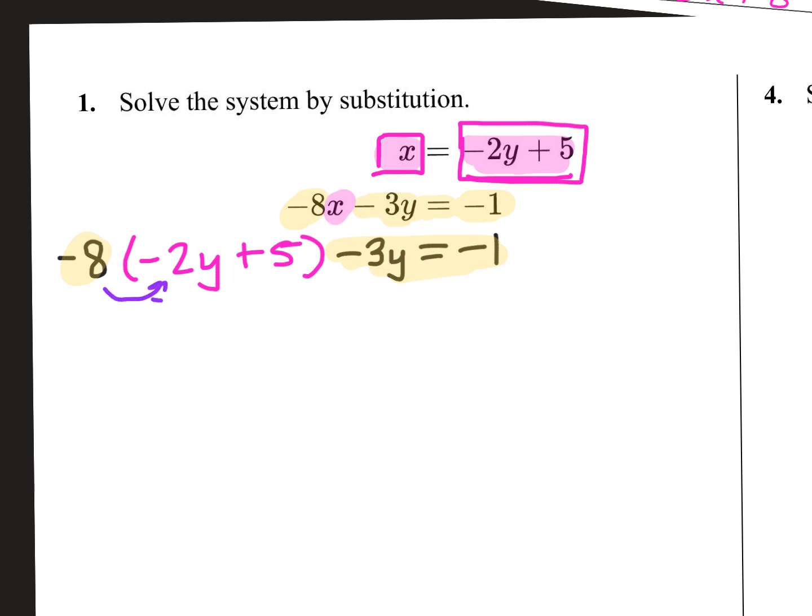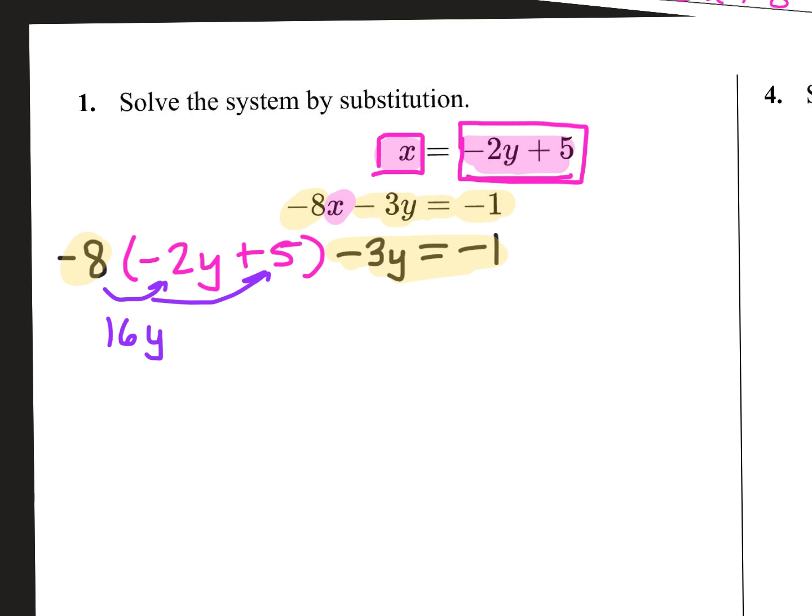We're going to distribute the negative 8 to the negative 2y plus 5, and we're going to do that by multiplying. So negative 8 times negative 2 is a positive 16, and because it's negative 8 times negative 2y, I need to make sure that I put the y next to it. So that's going to be a positive 16y.